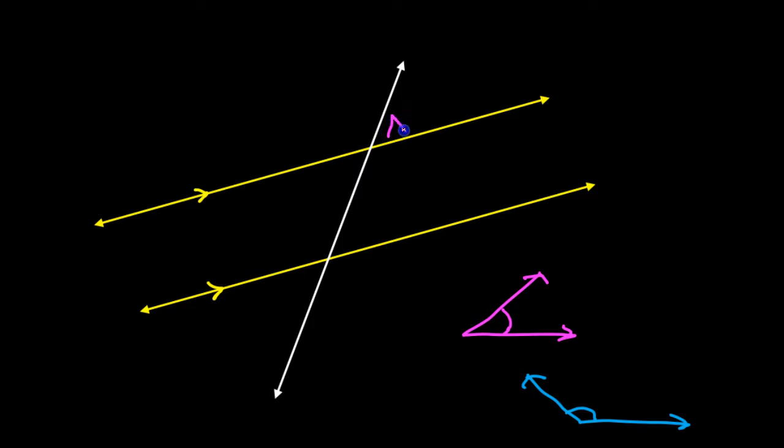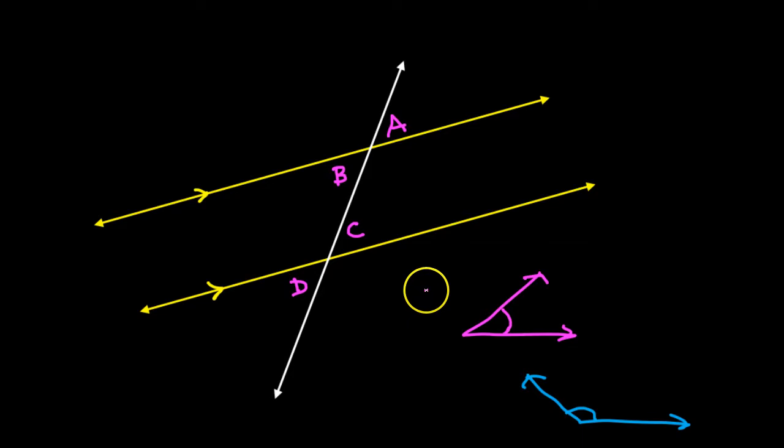So this angle right here is acute, and so is this one, and so is this one, and so is this one. Those are all the acute angles in the picture.